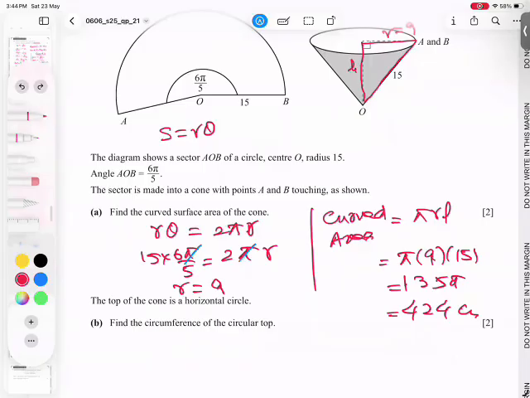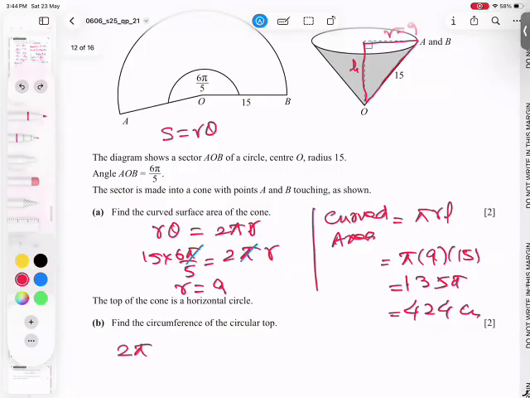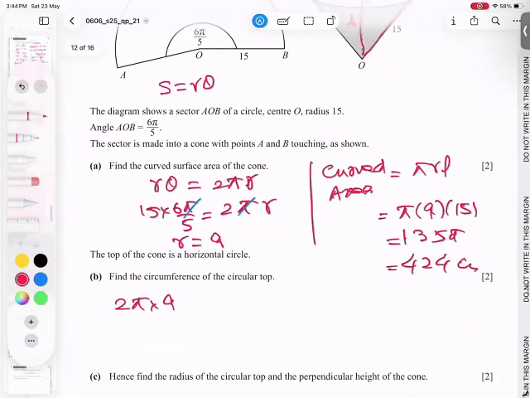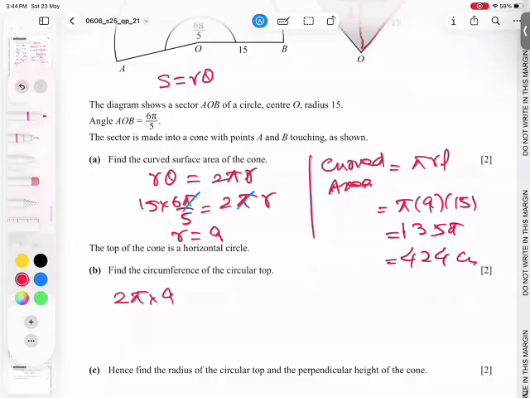We already have 2 pi r, and r I got before as 9. Find the circumference of the top circle. So it is very clear, 2 pi r, and we found 2 nines are 18 pi. So the circumference, okay, we have done this also.